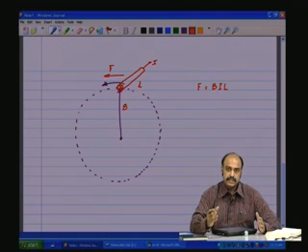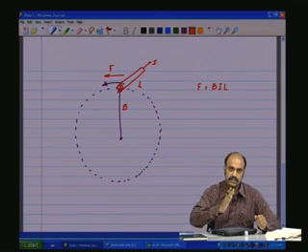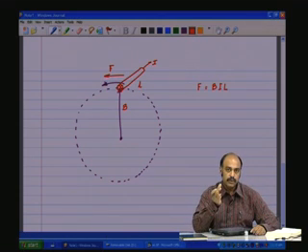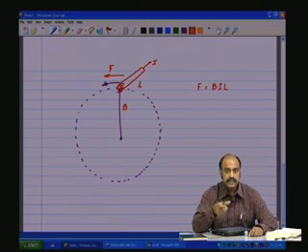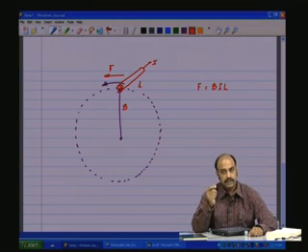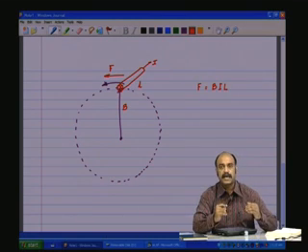Now suppose the rotor has caught up with the magnetic field, which means the magnetic field and the rotor conductors are rotating at the same speed. This means there is no relative speed between them, and therefore there is no cutting effect of the magnetic field, no induction of current in the rotor, and as a consequence there is no force for the rotors to move, and therefore it will again lag behind.